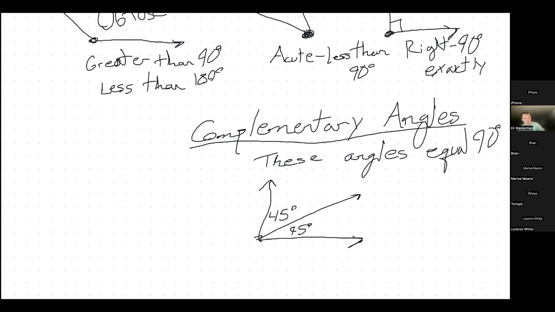So here's a question for you. Say I have a 50-degree angle. What angle is going to be complementary with that to equal 90 degrees? You can either say it or put it in the chat. What angle is going to be complementary to that angle?